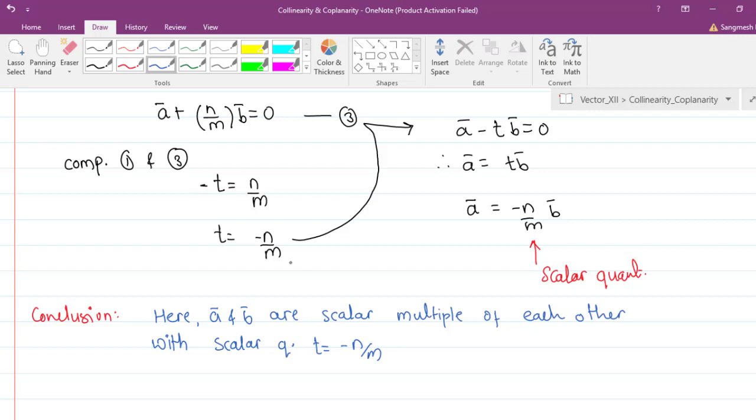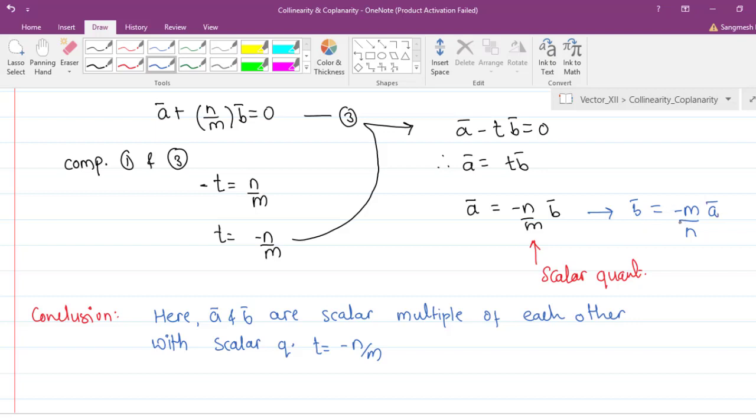So this n by m can be anything now, any random scalar quantity. Now how will b bar be a scalar multiple of a bar? b bar will be equal to minus m by n a bar. Okay, the same thing.